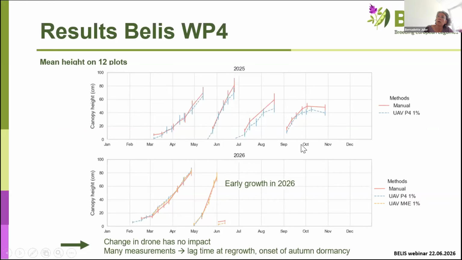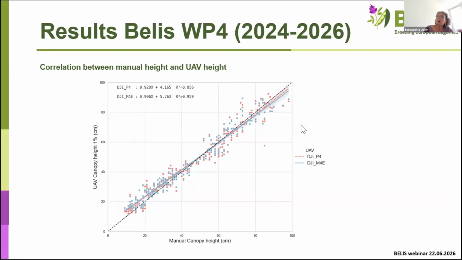You can also see in autumn that there is a stop of the growth because of onset of autumn dormancy. So it's very interesting to have this curve, the full dynamics of the curve. And here you have the correlation between manual height and UAV height, so quite a good correlation. And here's a representation for the two apparatus.